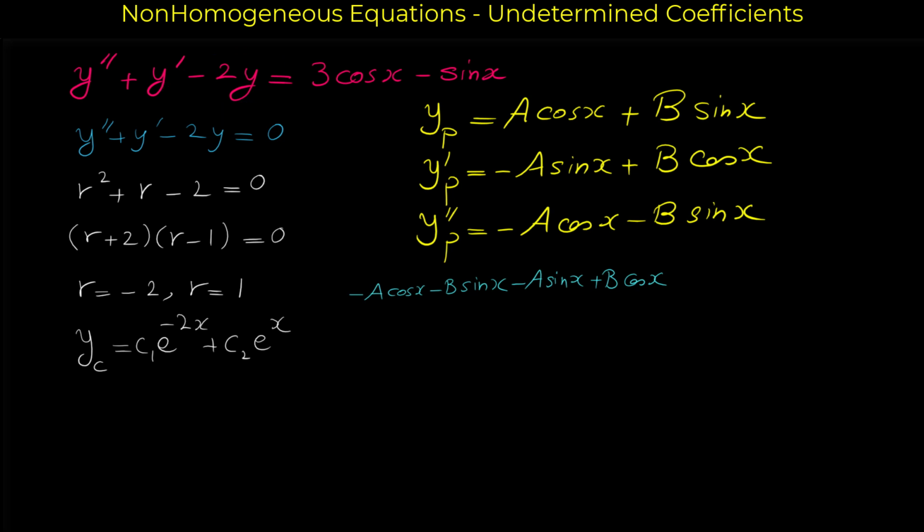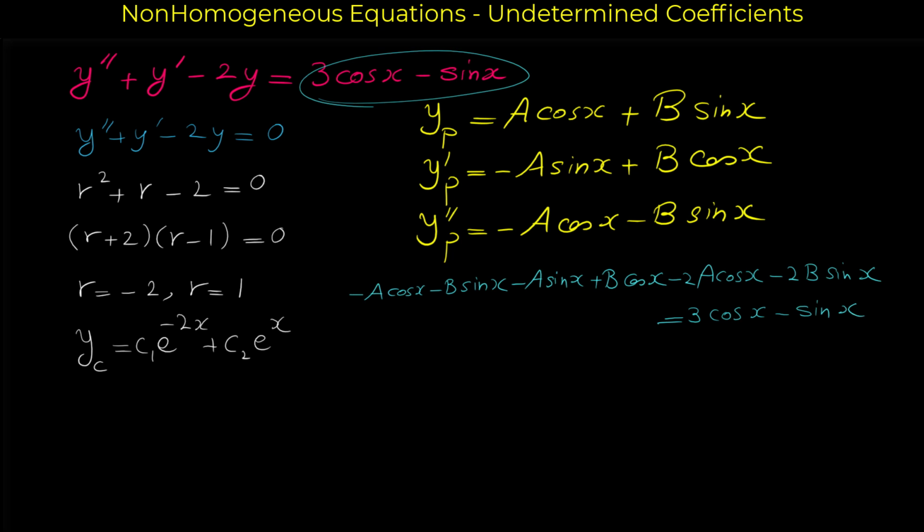So minus 2 times this, multiply 2 by this, so minus 2a cosine x minus 2b sine x, and this should be equal to 3 cosine x minus sine x.